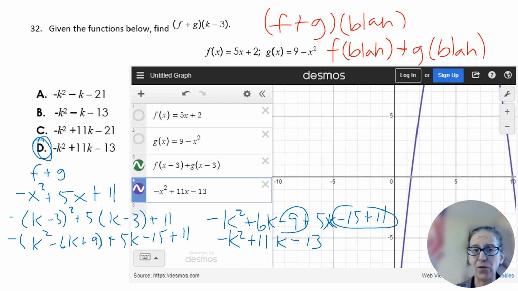You can just use an x for whatever the variable is, and then test out your answer choices and try to match that graph. I don't think you can use the slider on this one because of the notation. You have to start with that f of x.